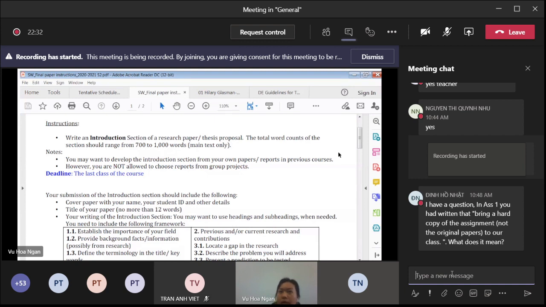Does that make sense? Okay, but if you have to print out like 5 or 10 papers, about 20 pages each, this is too much, too long, right? So I don't expect you to print out the original papers.